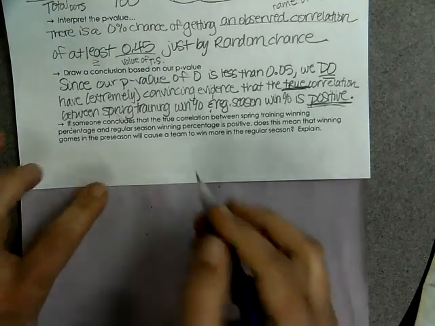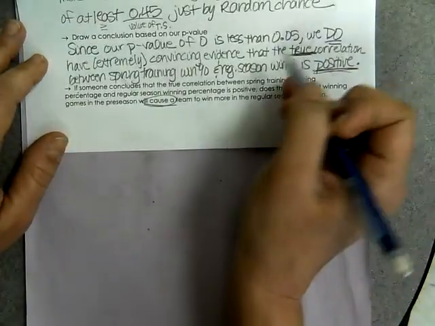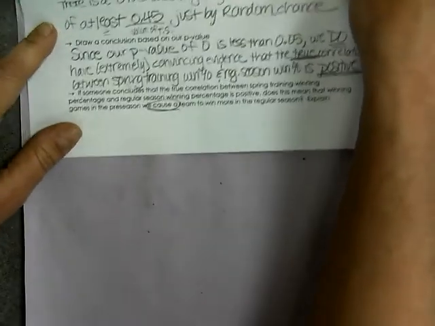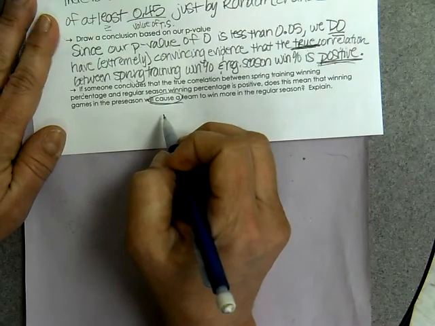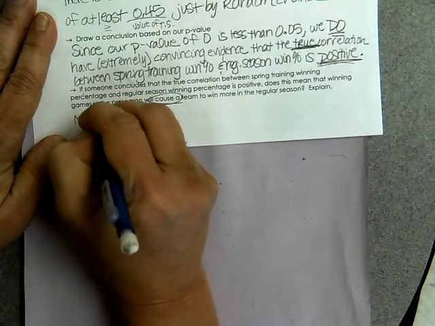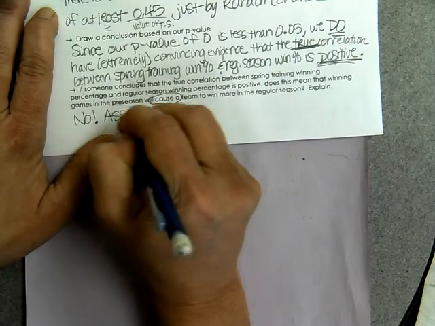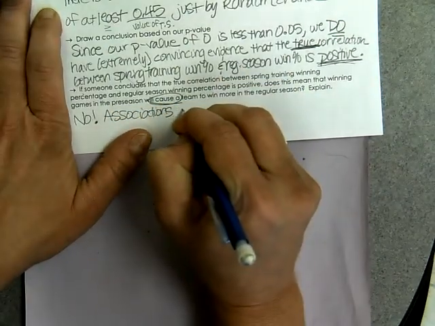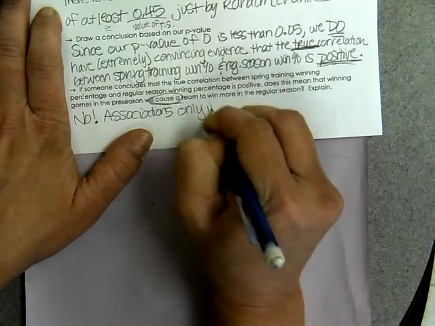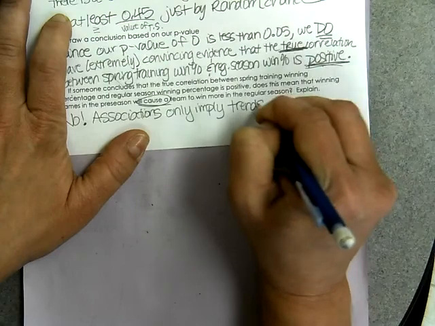Well, what's the key word here? Cause. And we know that even though we accepted this and we had very convincing evidence that the correlation was positive, that does not imply anything cause and effect. So we have to say no. Remember that associations, and again, this is a sentence you can use over and over, associations only imply trends and tendencies.